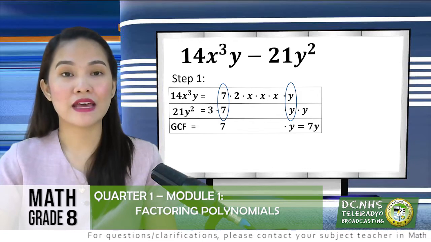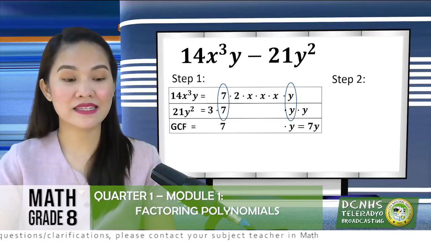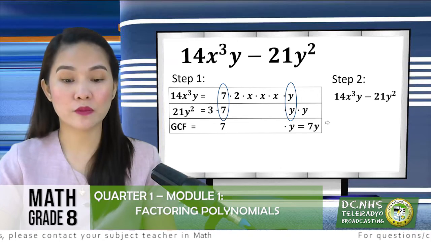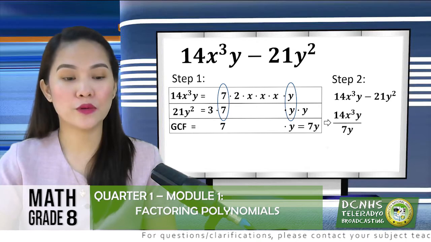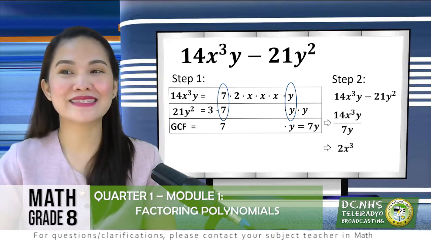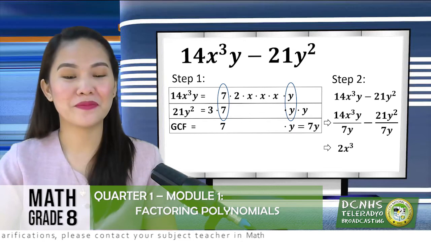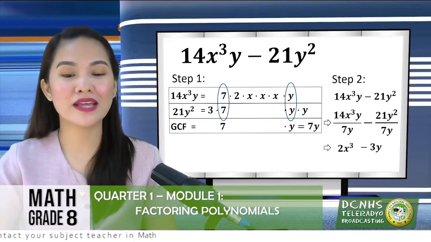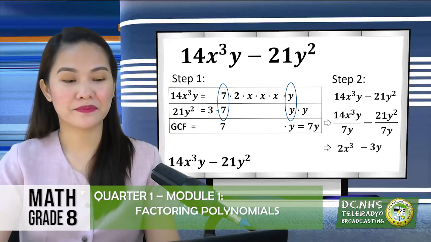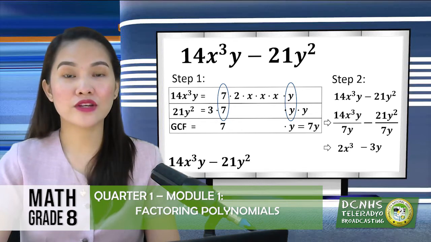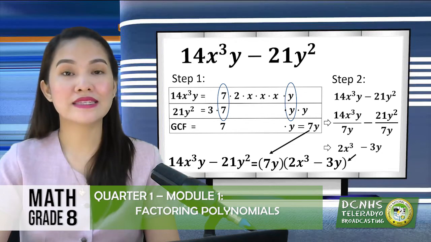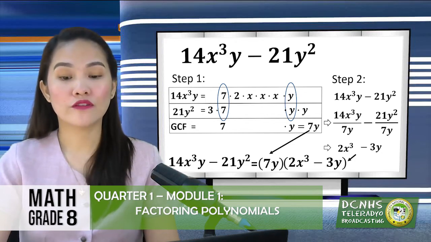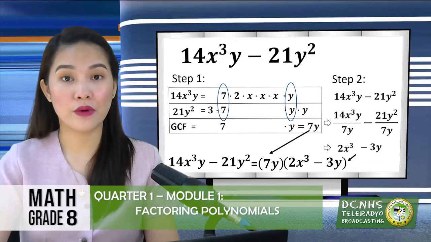The GCF is 7y. Next, divide each term of the expression by the GCF. So, 14x cubed y divided by 7y is 2x cubed, and negative 21y squared divided by 7y is negative 3y. Therefore, the factors of 14x cubed y minus 21y squared are 7y times the quantity 2x cubed minus 3y.